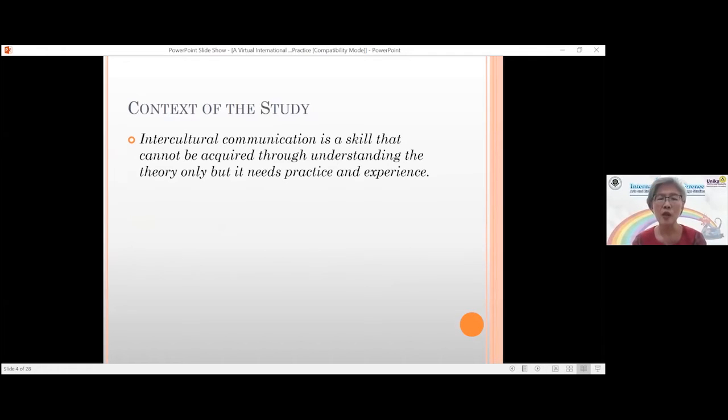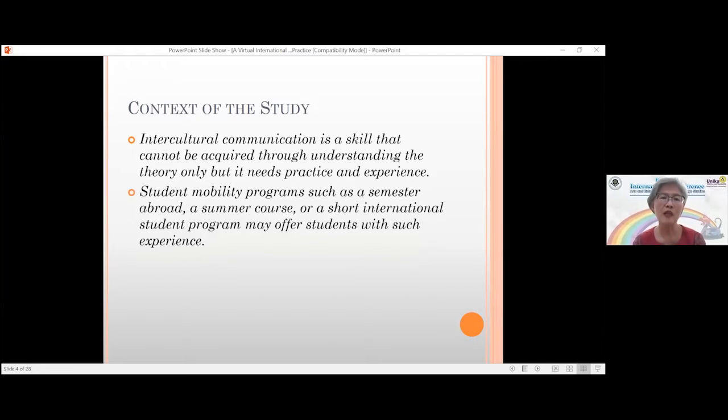Intercultural communication is a skill that cannot be acquired through understanding the theory, but it needs practice and experience. Student mobility programs such as a semester abroad, a summer course, or a short international student program may offer students such experience for intercultural communication.